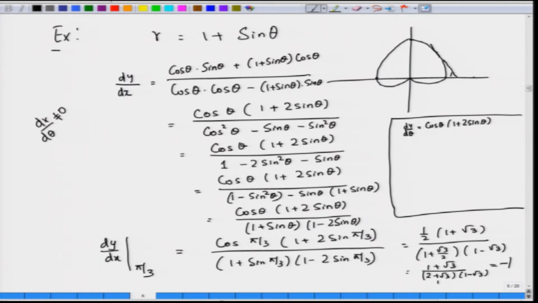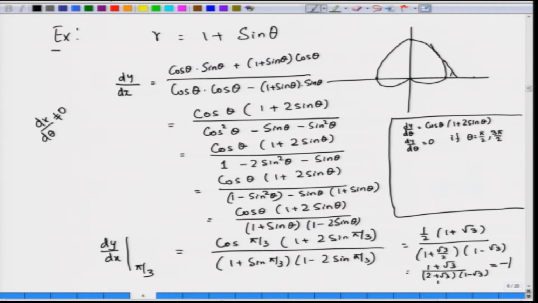Now dy by d theta is equal to 0 if theta is equal to pi by 2, and then 3 pi by 2, where it is again 0.